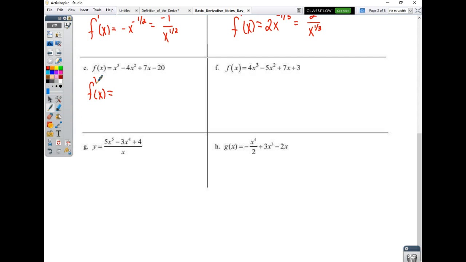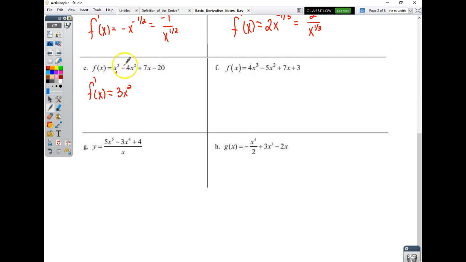So what do you think this becomes? Well, what is this? Ignore these. What's that going to be? So the derivative of x to the third is what? X squared.